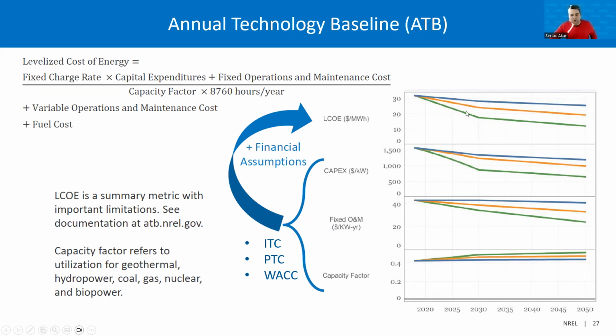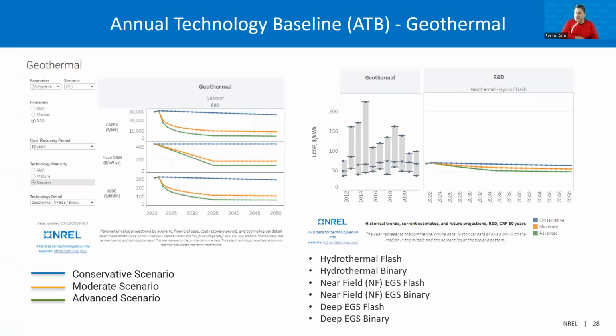So this is a useful tool to compare what if my project is built 5 years later, based on that learning rate? How cheap would it be? Having said that, this is an example. So we talked about those conservative, moderate, and advanced scenarios here, and this is the near field EGS.